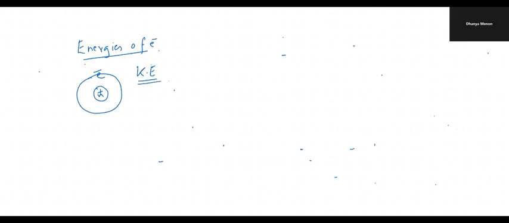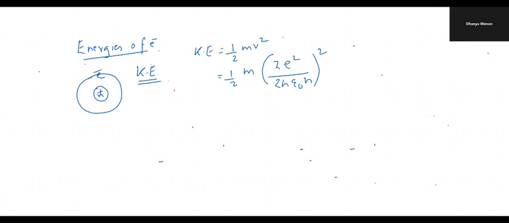Kinetic energy is given by half mv square. We already calculated the value of v a while ago. It is given by z e square by 2h epsilon naught n, the whole square, because the formula has a whole square.